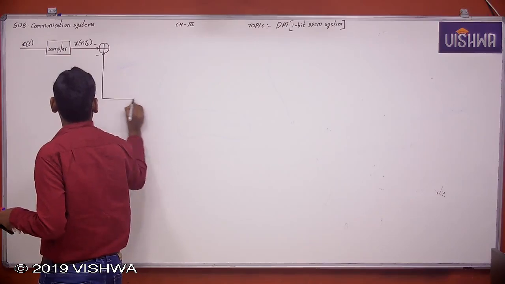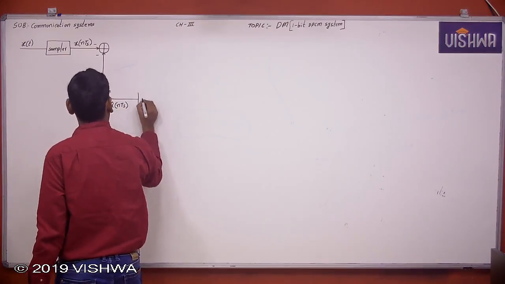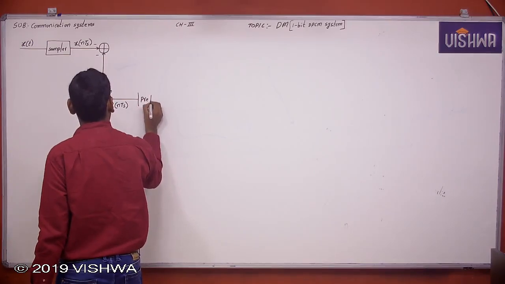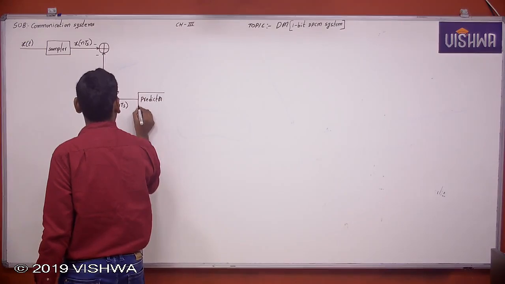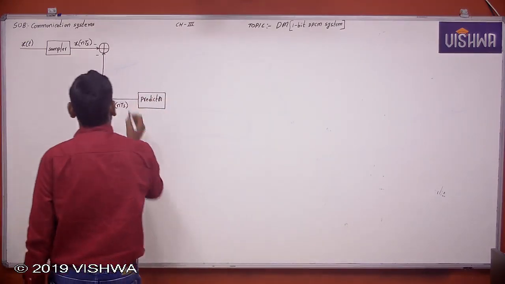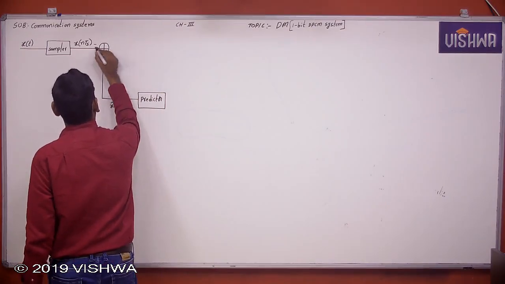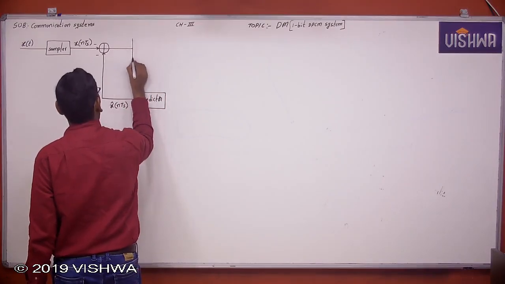Now this is the predicted signal, the predicted sample value. Now this is the predictor. Now this difference is nothing but the error, and that error is going for the quantizer.